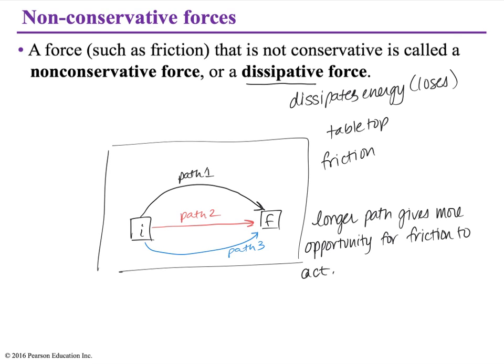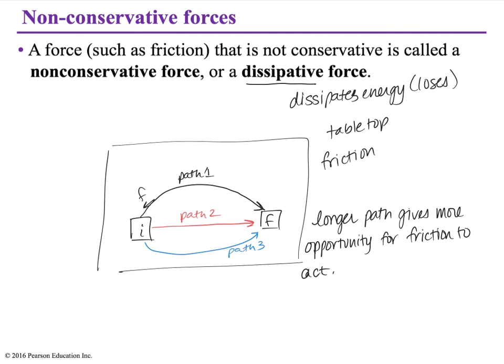Now we know that when friction acts, it's resisting the motion. We learned when we learned about friction that the force of friction always acts opposite the direction of the motion. But we might not have thought about what exactly that means. We do know that it would slow something down, but think about when you rub your hands together.